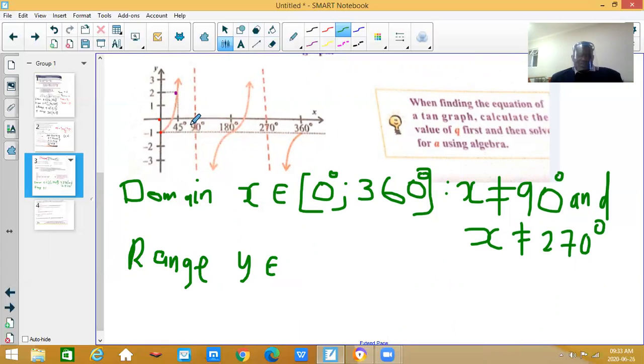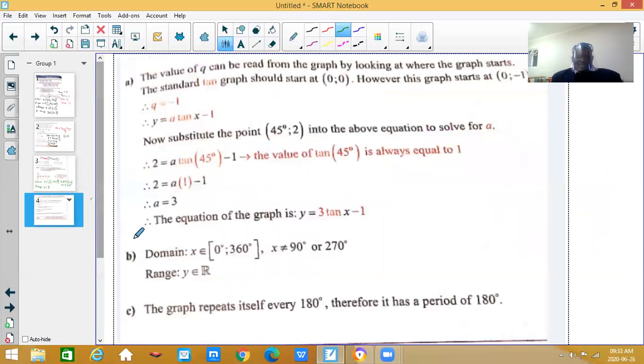Do we have any values of y that cannot be taken up by this graph when we are analyzing? No. So the range is all values of y real. We have no restriction, no limitation there. Is that clear? Now let us go on.